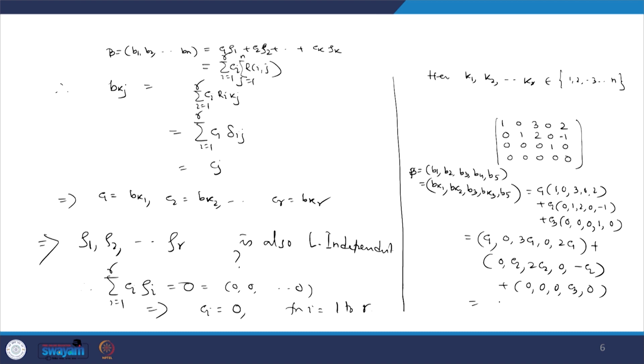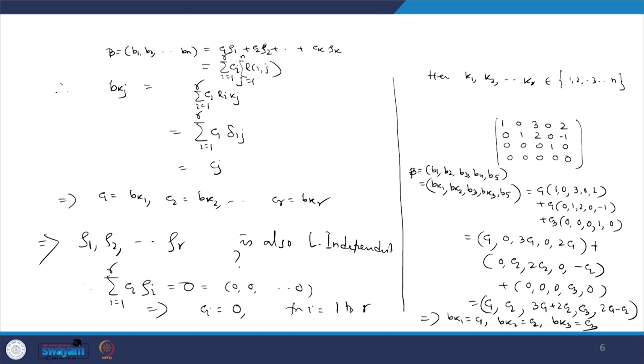If you simplify it, I am getting c1, c2, 3c1 plus 2c2, c3, and the last one is 2c1 minus c2. Comparing the coefficients on both sides, b_k1 equal to c1, b_k2 equal to c2 and b_k3 equal to c3.